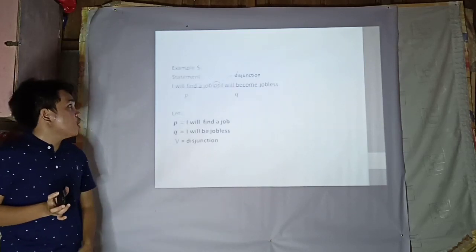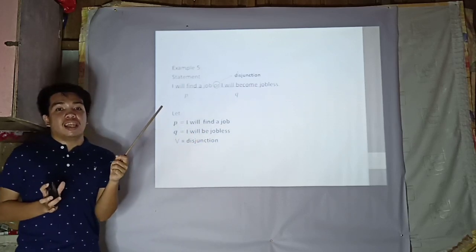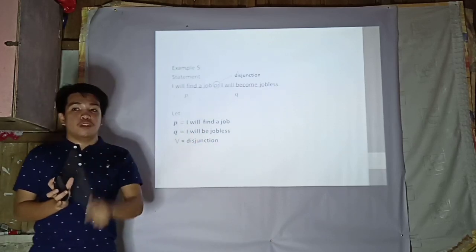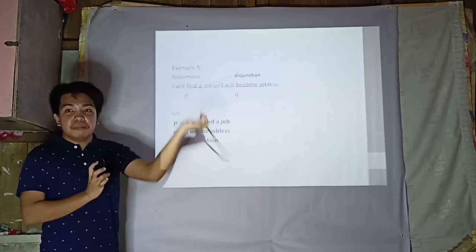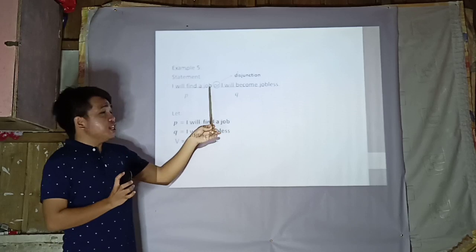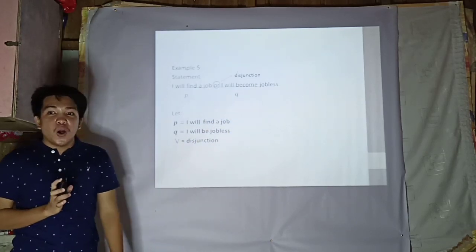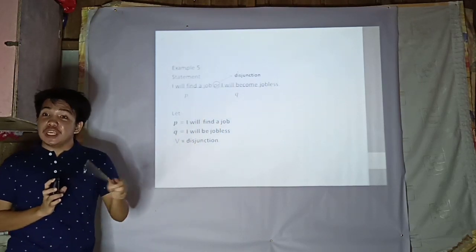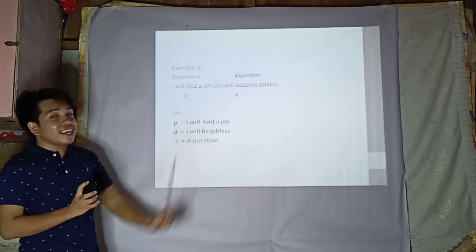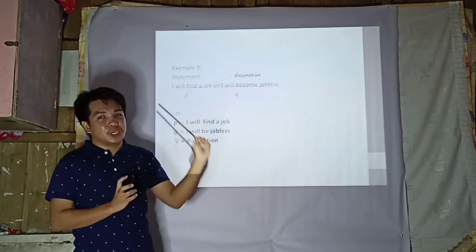Okay, let's proceed. So example number 5, this will be the last example for the second De Morgan's law for logic. Okay, statement. I will find a job or I will become jobless. So we must find the P and Q statements. The P statement, I will find a job.